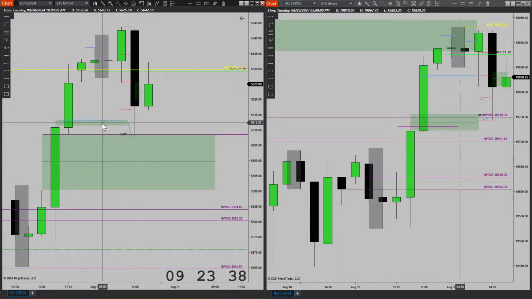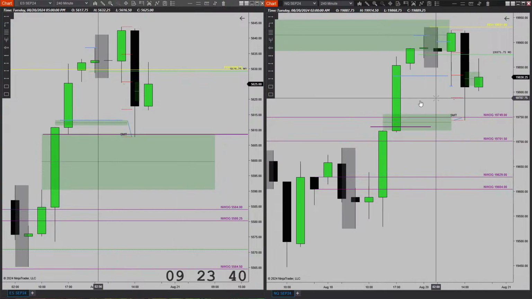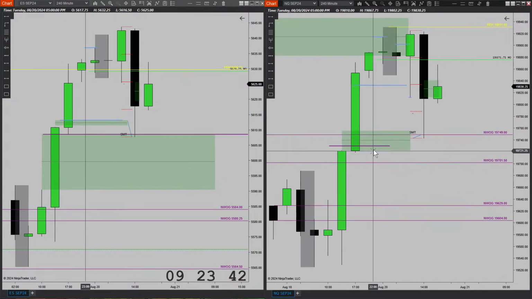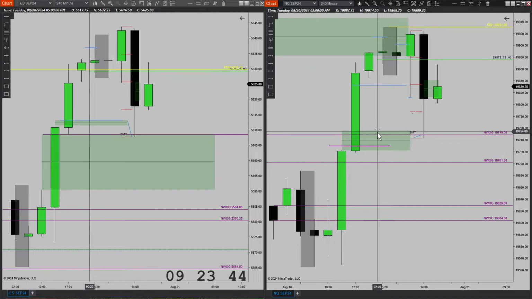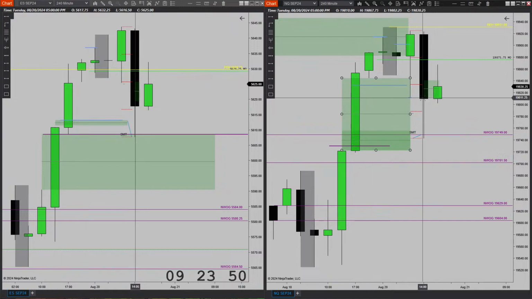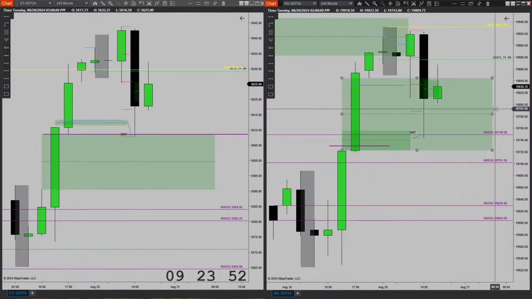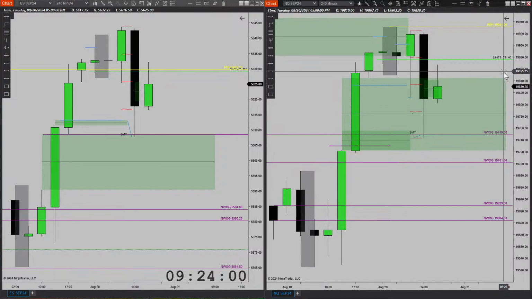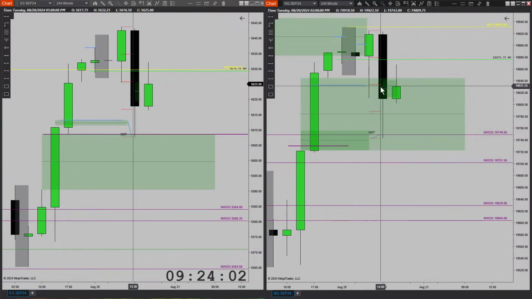This one, it actually closed and opened above consequent encroachment. That once again is still a bullish sign. Okay, let's leave this here. Okay, bullish sign. So again, I want to see how price traded.